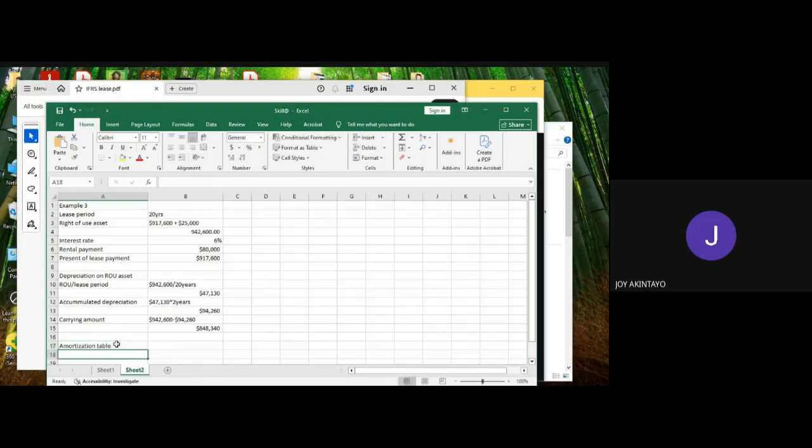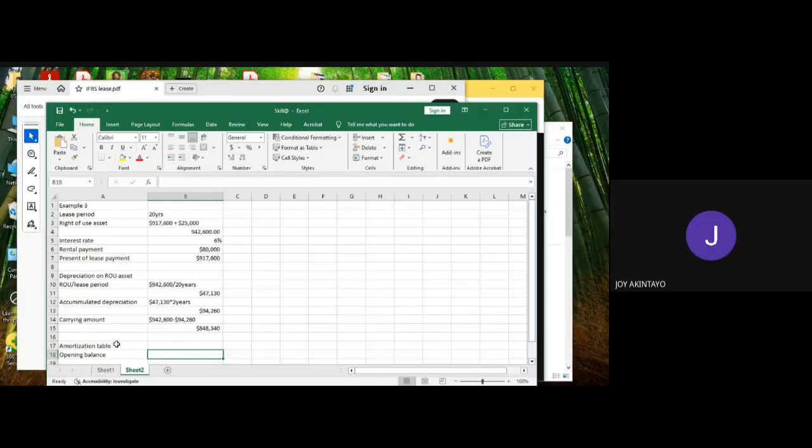The first thing that should come to our mind will be our opening value, opening balance at the commencement day. How much is our opening balance? That's the present value of our lease payment. The present value of our lease payment will be the opening balance.